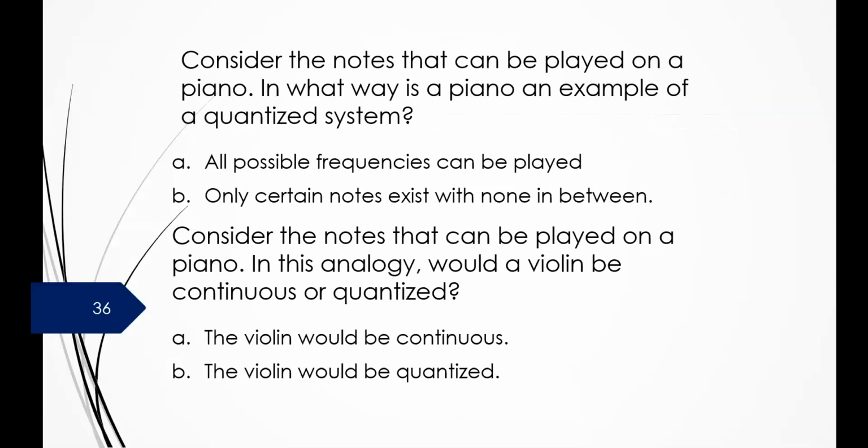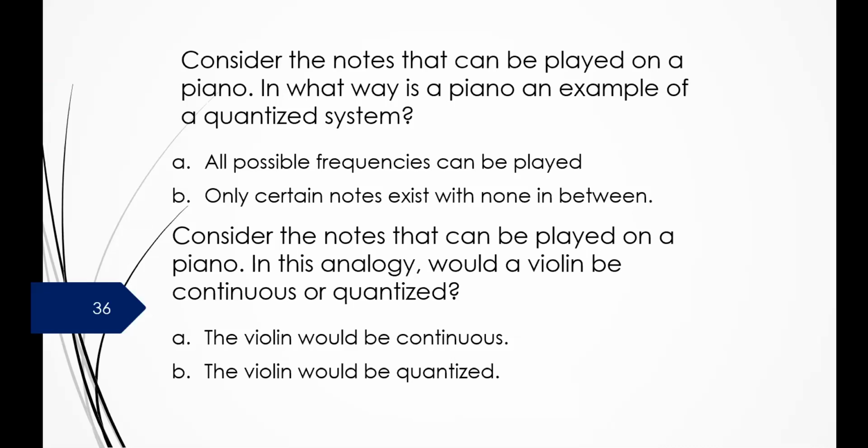To get an idea of quantized or not, we're going to talk about two instruments, a piano and a violin. I want you to think about each of them. Is a piano something that is quantized, or continuous? Versus a violin? You have to think about how you play them.